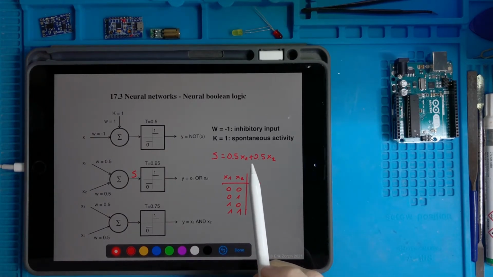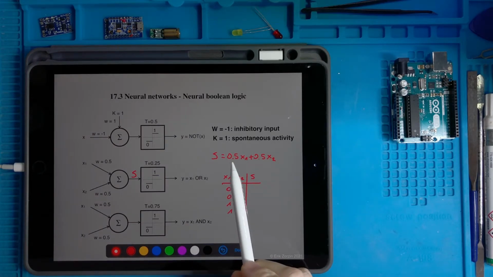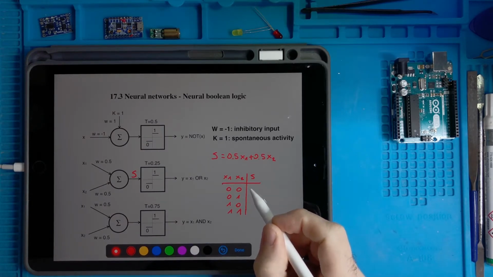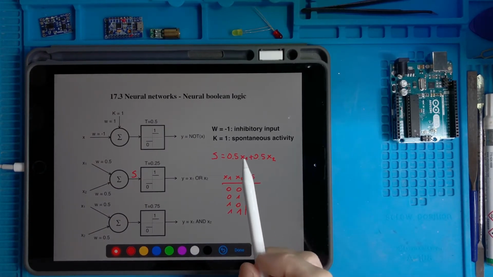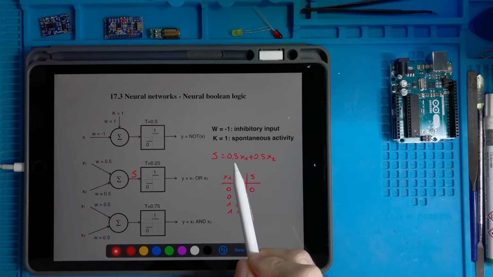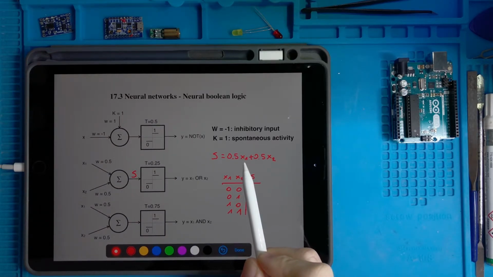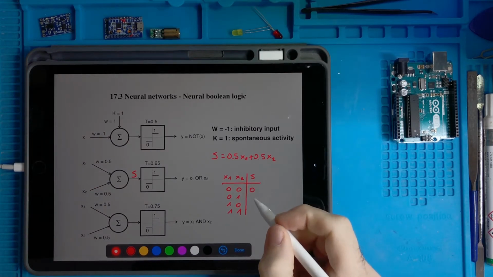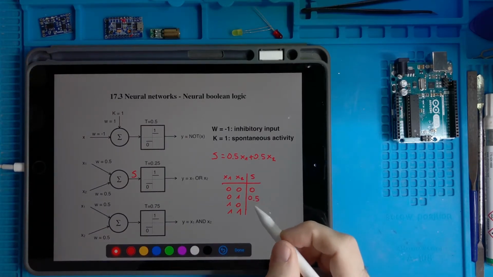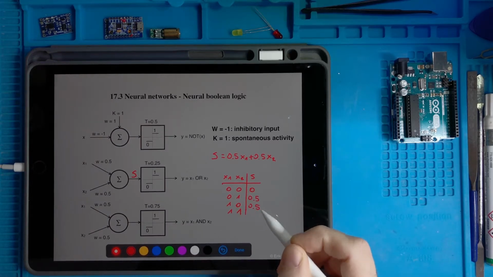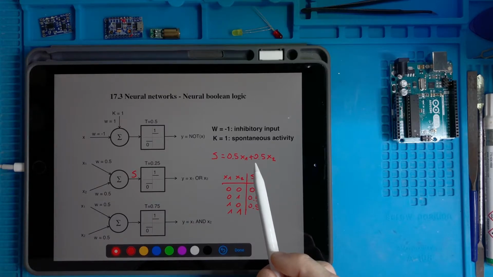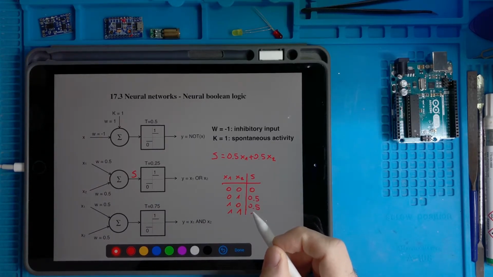The first one is 0.5 multiplied by 0 plus 0.5 multiplied by 0, which makes s equal 0. Then we have 0.5 multiplied by 0 plus 0.5 multiplied by 1, which is 0.5, and similarly here. And then we have 0.5 multiplied by 1 plus 0.5 multiplied by 1, which makes 1.